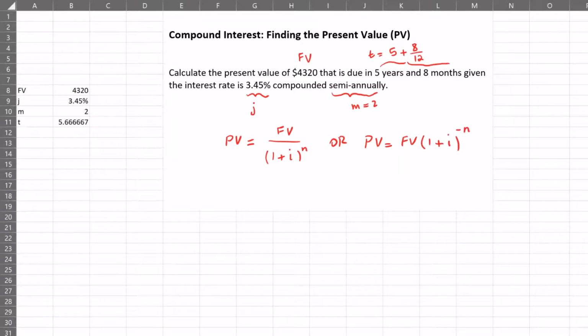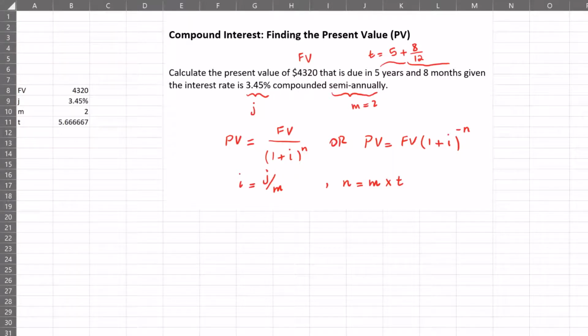So i is the periodic interest rate, which is not directly given, and n is the number of compounding periods during the whole term. So we need to calculate the periodic interest rate, which is the nominal interest rate divided by the number of compounding periods per year, and the total number of compounding periods in the term is the number of compounding periods in 1 year multiplied by the number of years in the term.